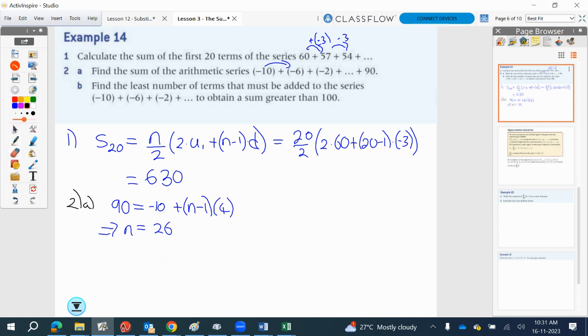We'll use the formula Sn equals n over 2 times (u1 plus un), which is 26 over 2 times (negative 10 plus 90), which is 13 times 80, 1040.